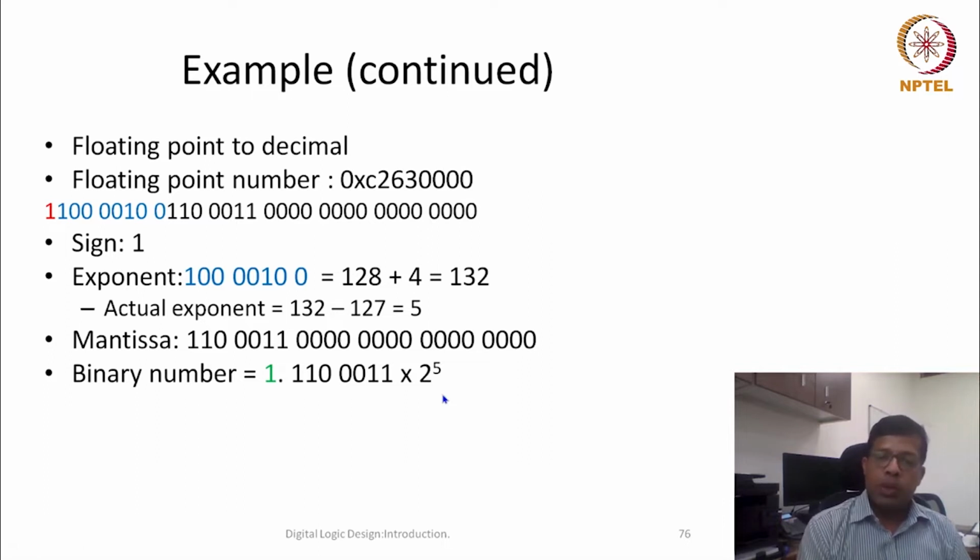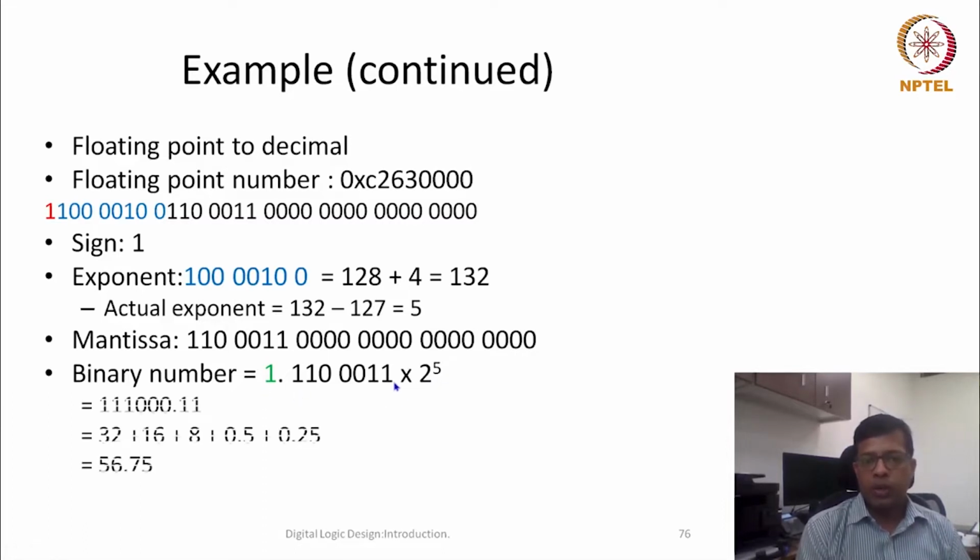What is the next step? Because this is 2 to the power 5, let me multiply it into this number. That means the binary point is shifted by 5 places: 1, 2, 3, 4, 5. I can rewrite this number as 111000.11.